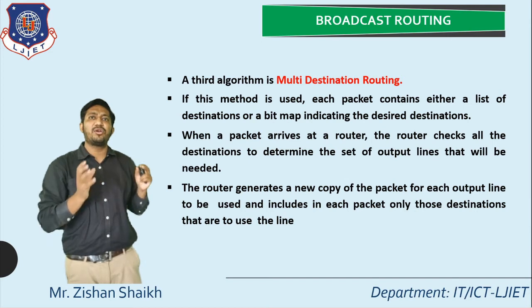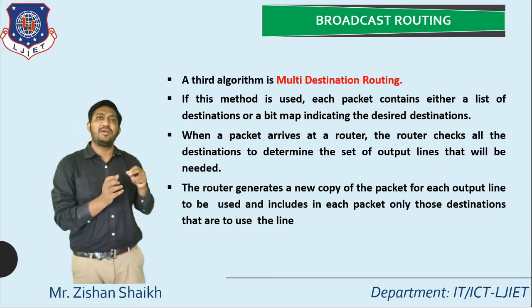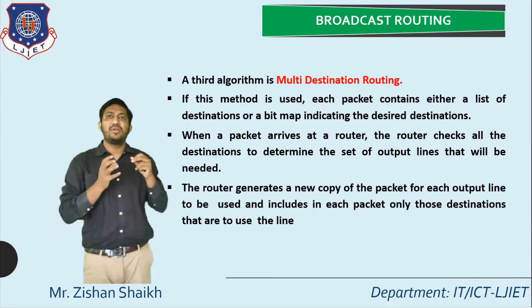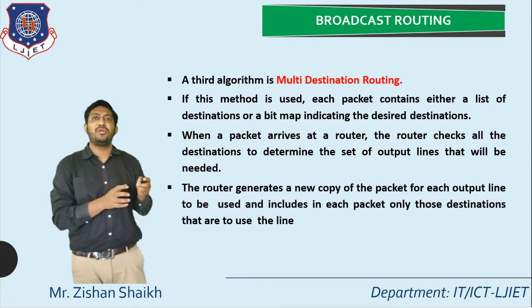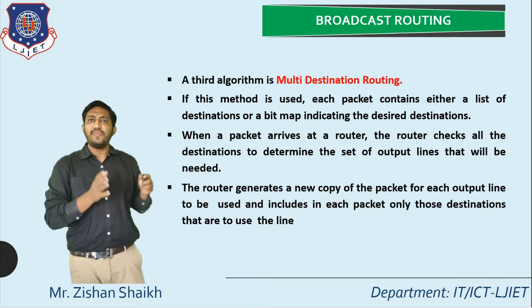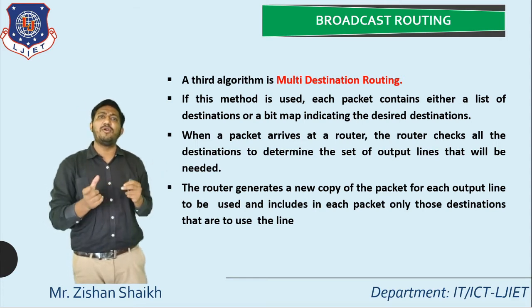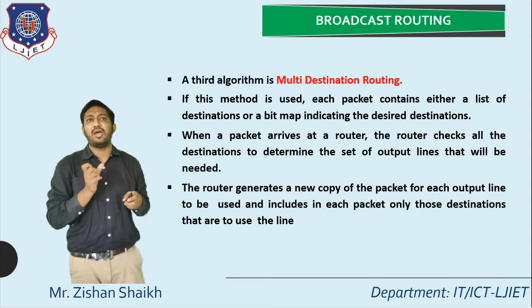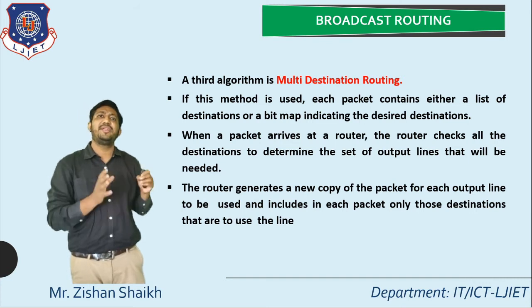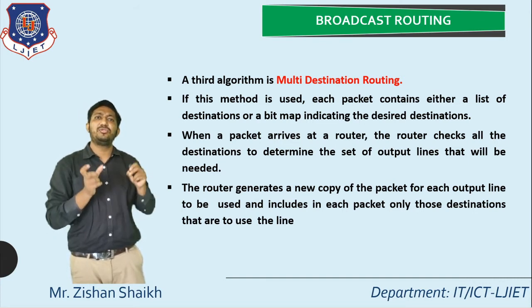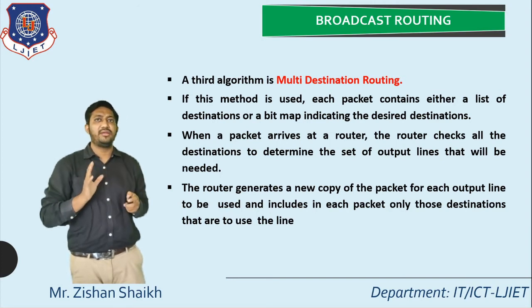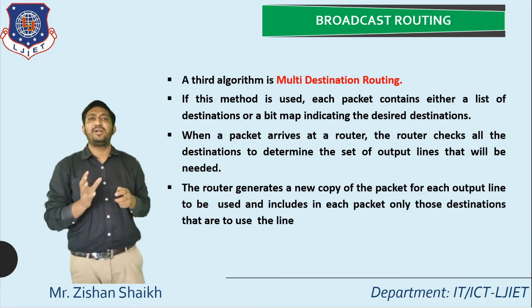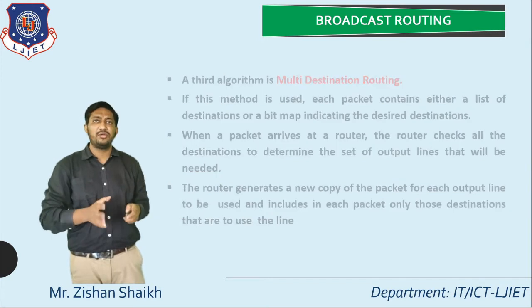According to that interested group of destinations, we flood our data. The router generates a new copy of the packet for each output line to be used, and each packet is sent only to those destinations that use that particular line. This is the basic fundamental of how the multi-destination routing algorithm is used.